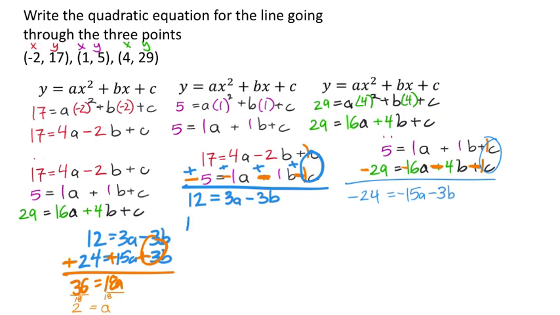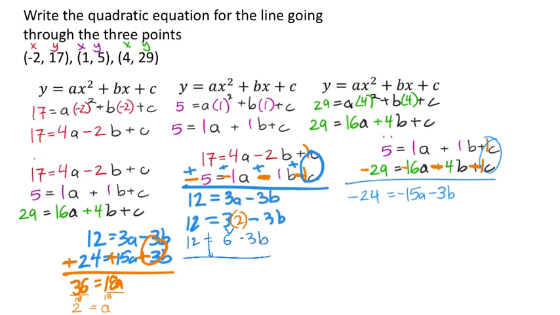So I'm going to take that 12 equals 3a minus 3b. But now we're pretty sure that the a value is 2. So I go in here, I say a, I'm going to replace that with 2, the 2 that we found already. And so I just need to solve this equation for b. So 3 times 2 there is 6, so 12 equals 6 minus 3b.